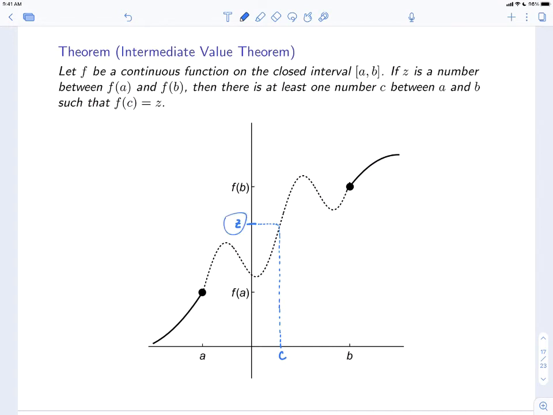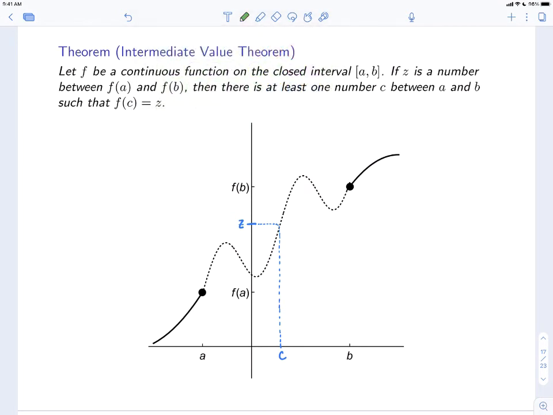What's important to understand here is that it's not just this one particular z. Any values between f of a and f of b will be output values for the function. So if I were to choose a different z value, well, let's leave this z in here, and let's just change the color.